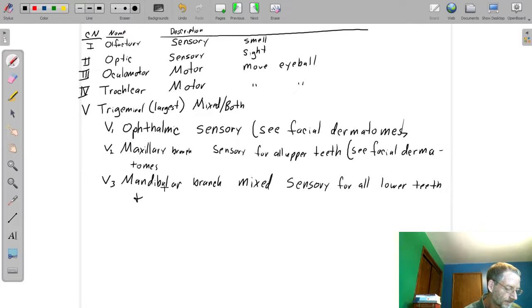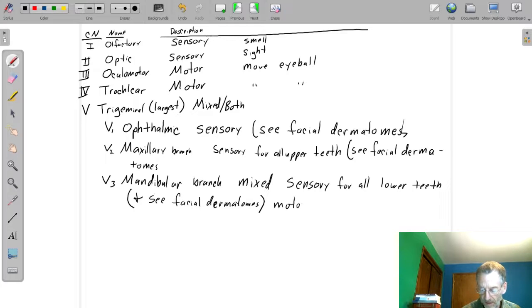And let's say, and see facial dermatomes. And it's carrying motor to muscles of mastication.